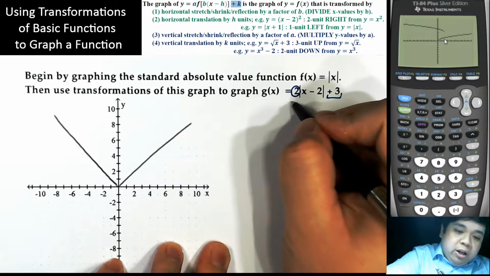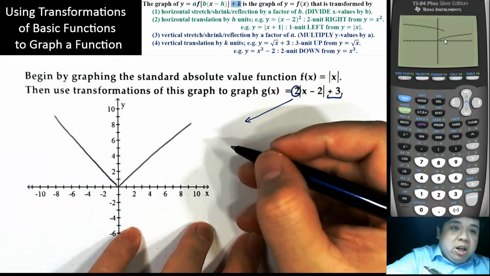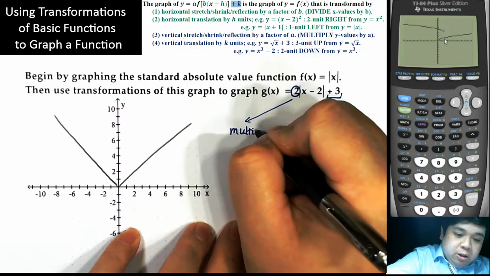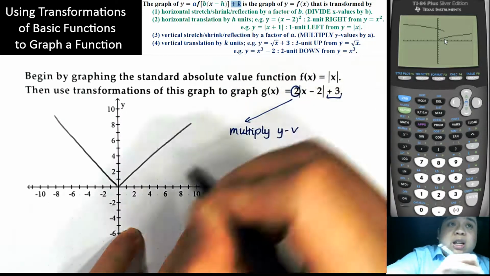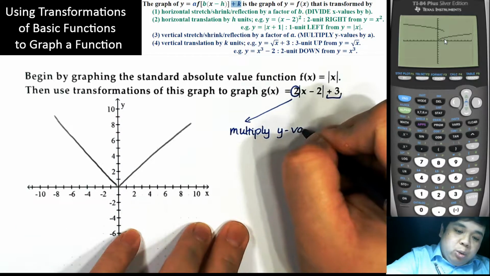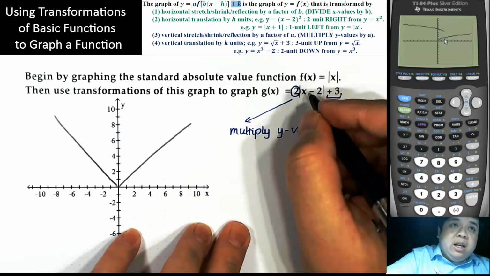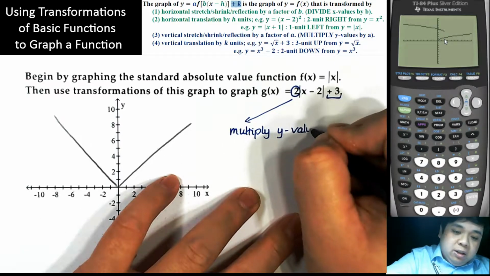A 2 here, of course, what we do is we will multiply the y values by 2. So I just write multiply y values. It is on the outside, so we multiply to the y values. If it is inside, we divide the x values by that number.